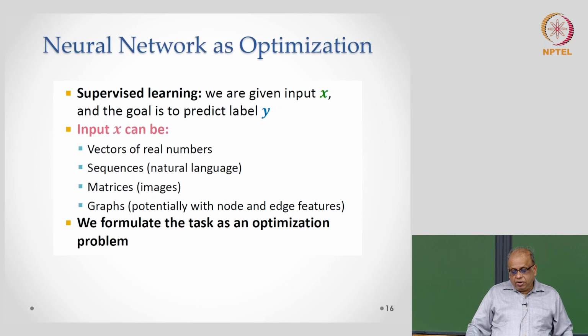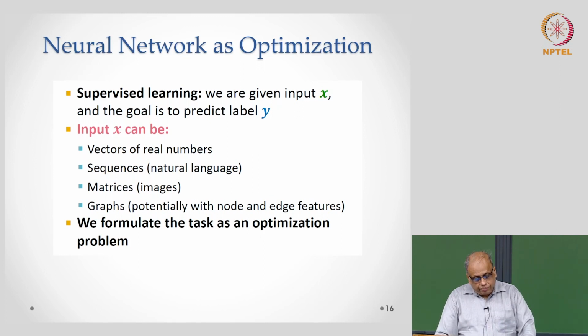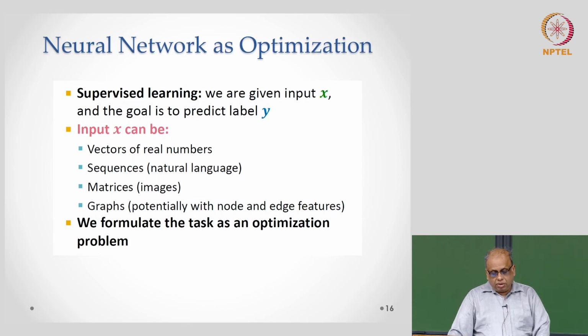So we can consider this to be an optimization problem. We are given an input X, and the goal is to predict label Y. The label can be either true or false, or it can be numbers and things like that.